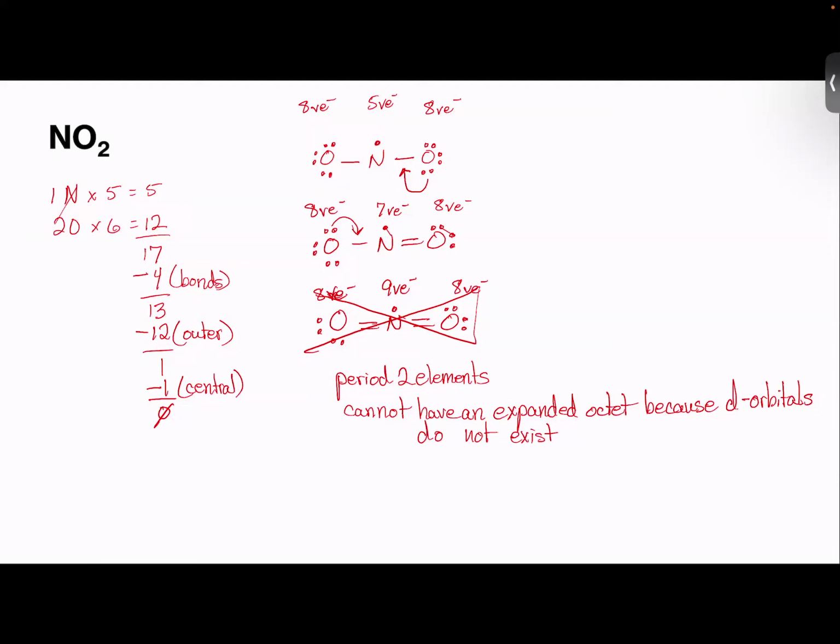Only once we get to period 3 elements and beyond can we have an expanded octet, because only once you get to n equals 3 do you have the availability of the d subshell.